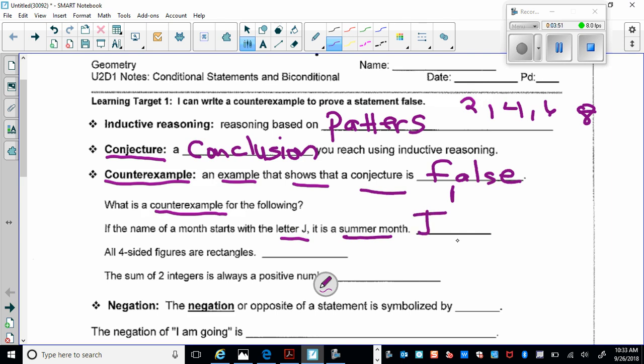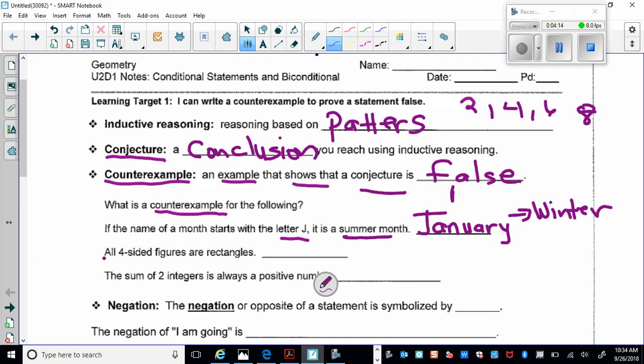What starts with J that is not summer weather? January, good job. January is the month we can say no, that is not true. January is winter weather, so it's not a summer month, it's a winter month. So that's something you guys can come up with.